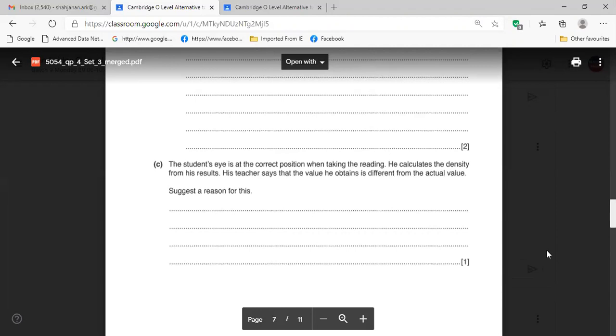The same thing happens in the way Tamjid wrote, with the beaker. If we are transferring the water into the beaker, we also have some water left in the measuring cylinder.